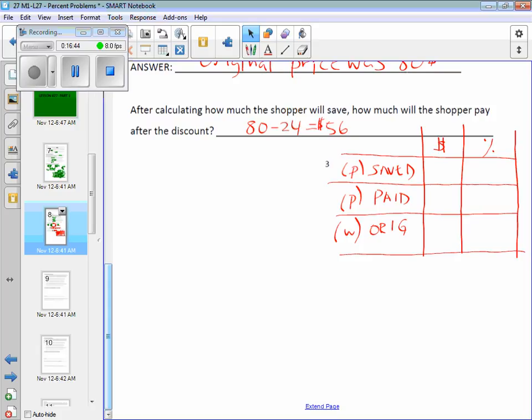Yeah, Anna. Correct. Put 30 in here. What else did they give you? The sale resulted in a $24 discount. Here's my column for money. Where does it go? Saved, paid, or original?